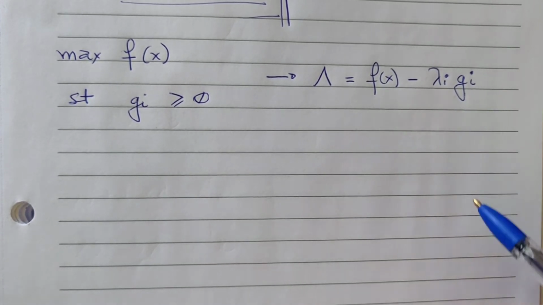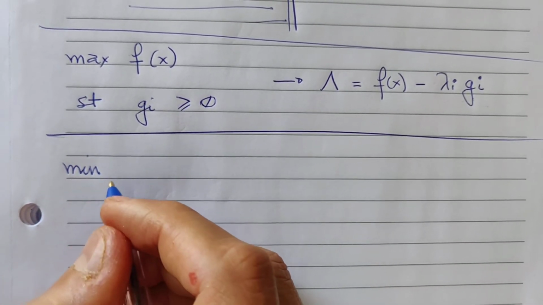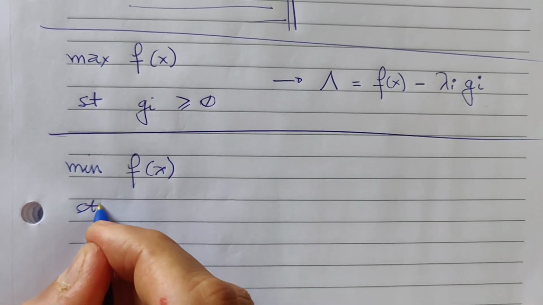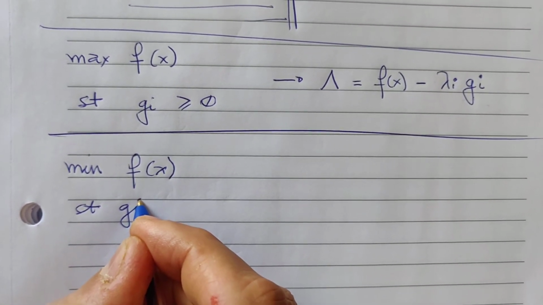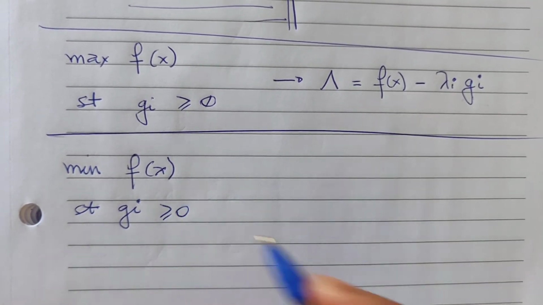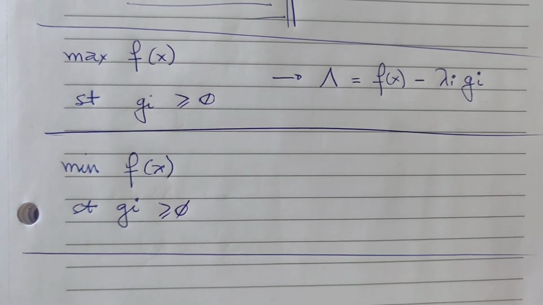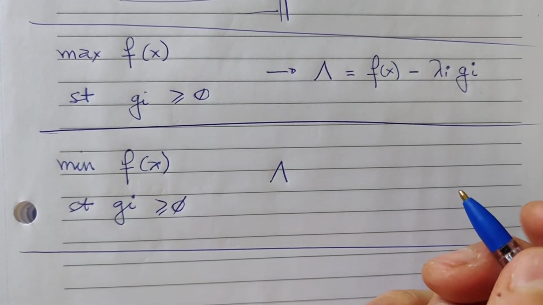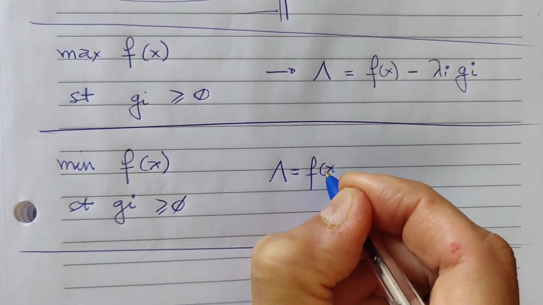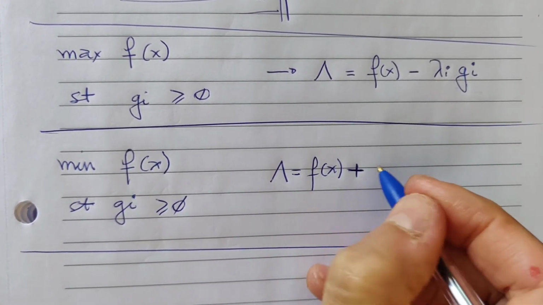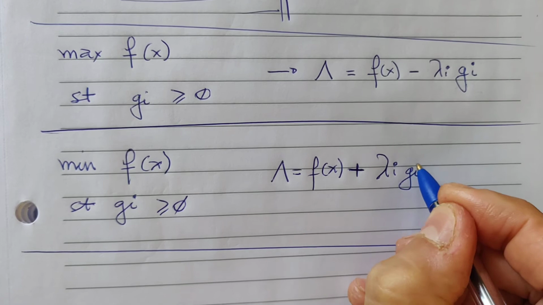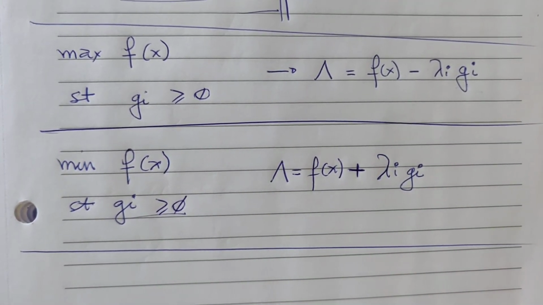If I have, on the other side, a minimization of the same f of x, subject to some gi that is also greater than or equal to 0, what should I do? I should create my Lagrangian function in terms of f of x, and here I will use the plus sign to multiply my Karush-Kuhn-Tucker multipliers by gi, solved for the equality as well.